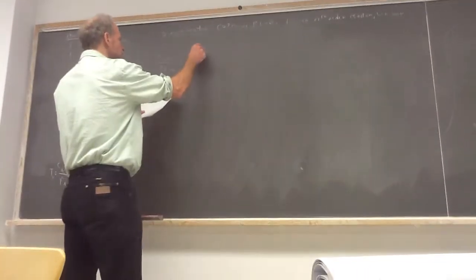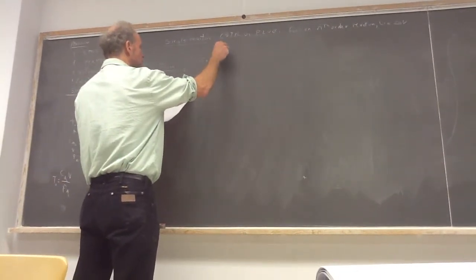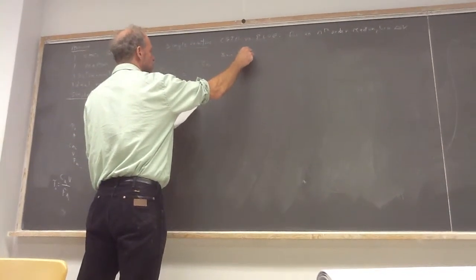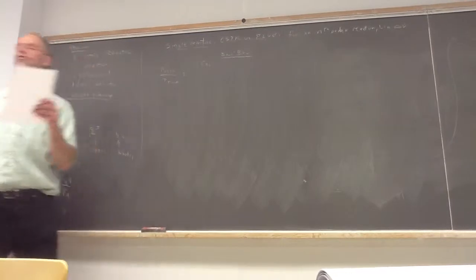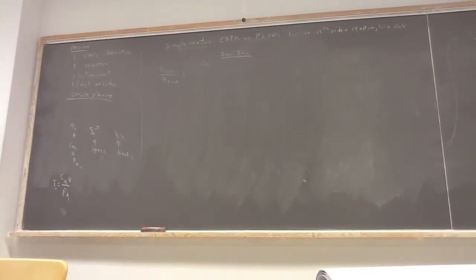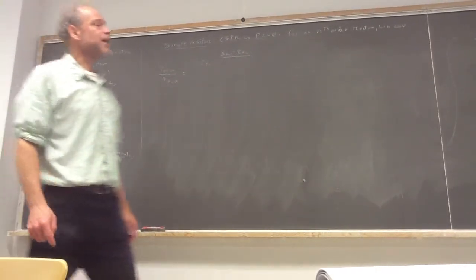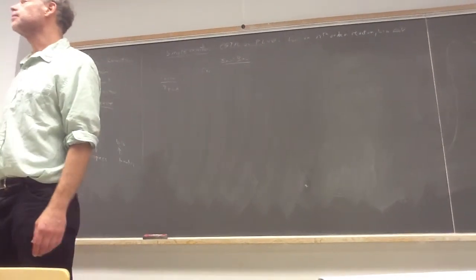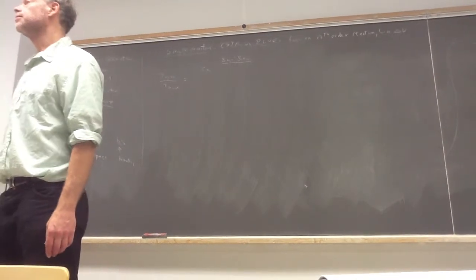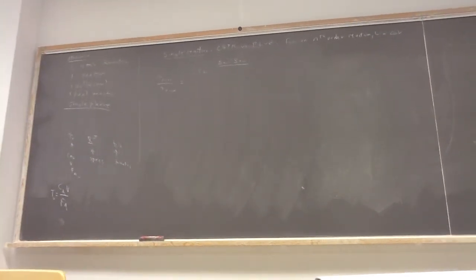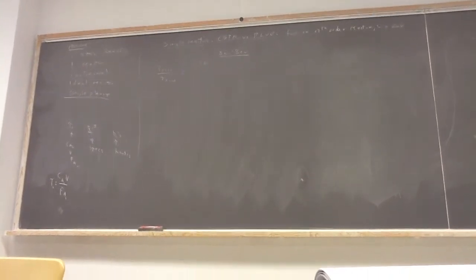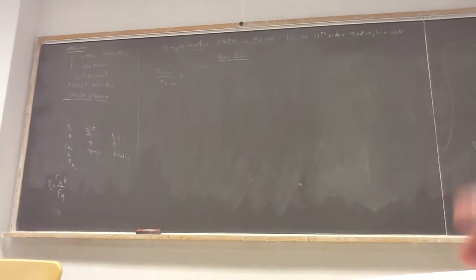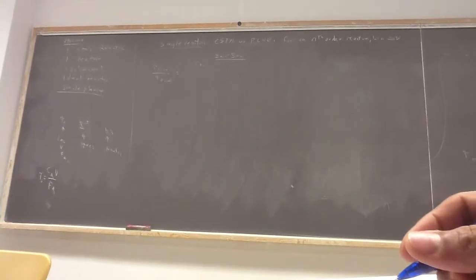So I've got CA0, XA out minus XA in, divided by minus RA out. If it's an nth order reaction, what is minus RA out for an nth order reaction? K CA to the n.